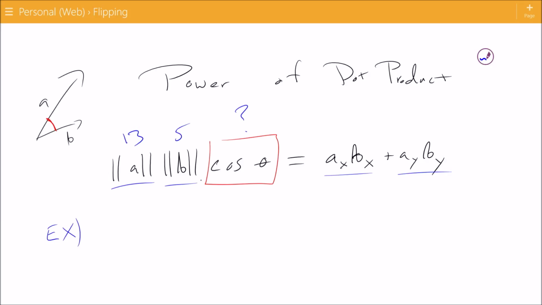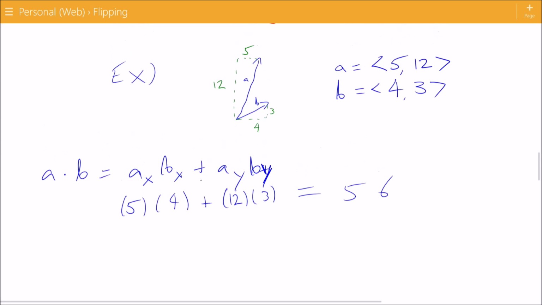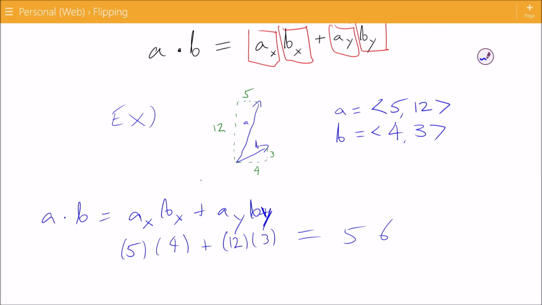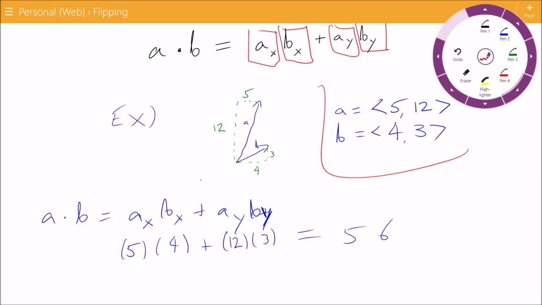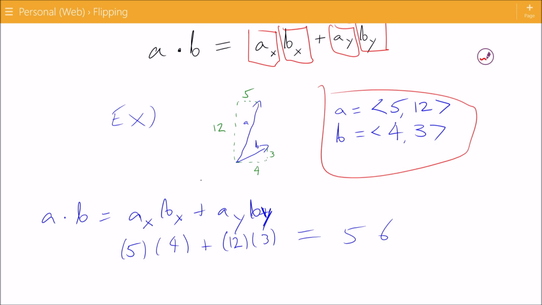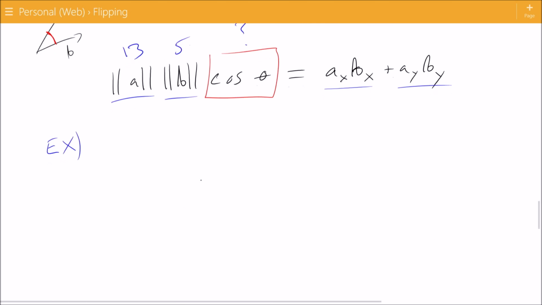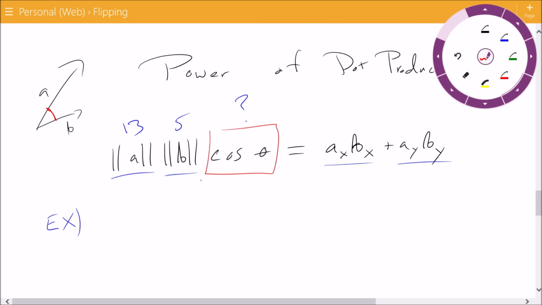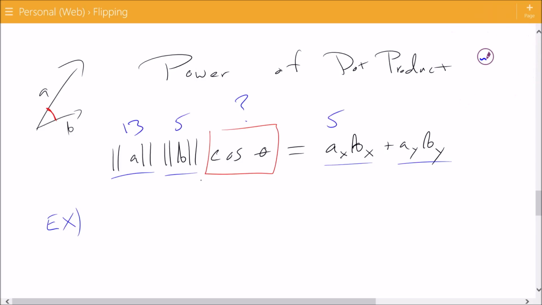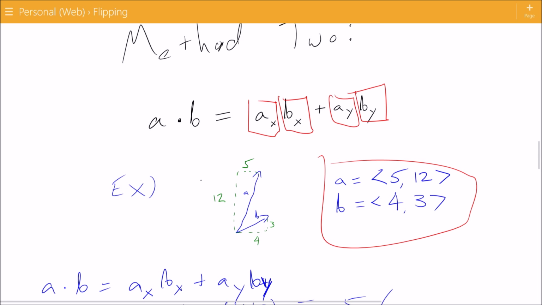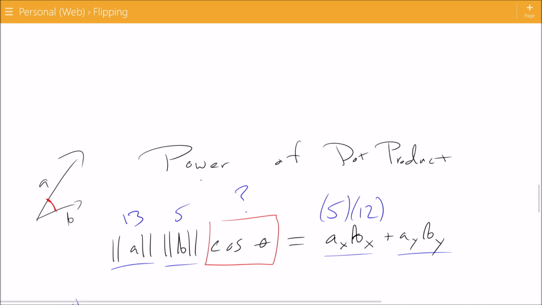And we said that the horizontal for A was 5 and for B was 4.